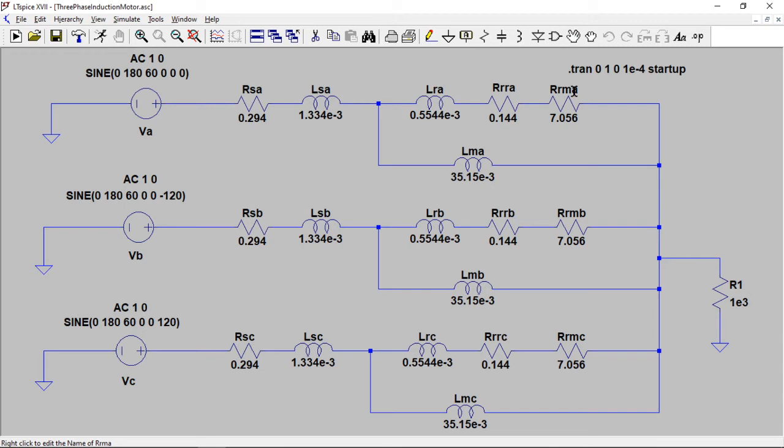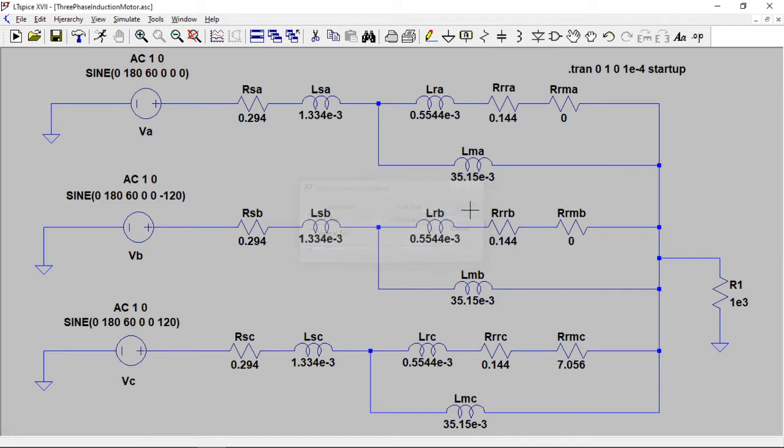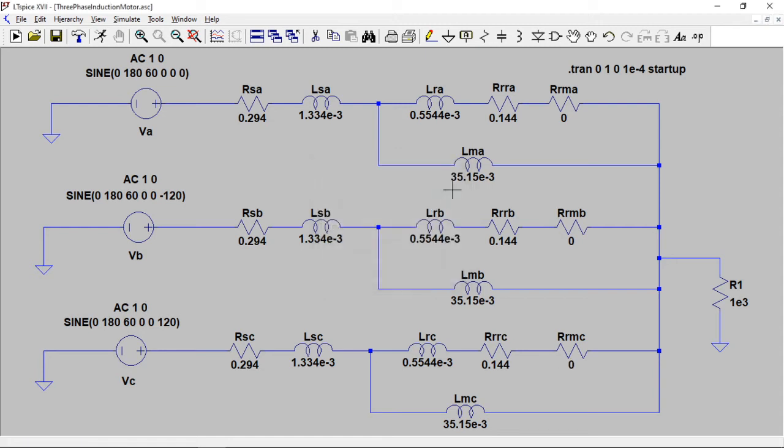So if I go here, let's change this to 0. Change this one to 0. And change this to 0. Okay, and let's see the change in the current.